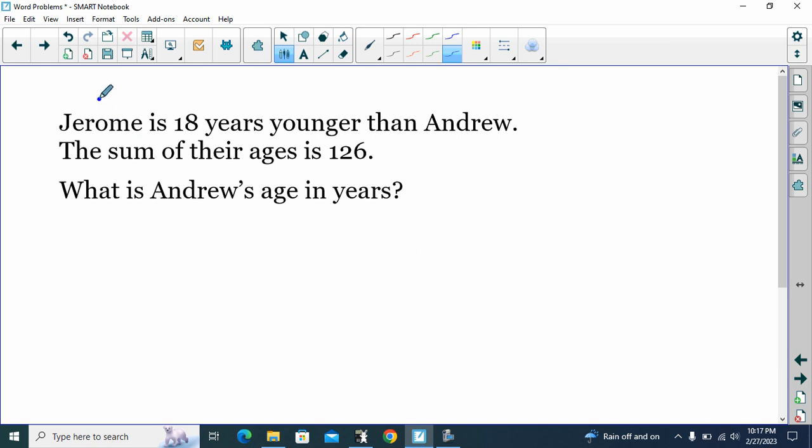So Jerome's age, let's call that J. Andrew's age is A. We know Jerome is 18 years younger than Andrew. So if I take Andrew's age, Jerome is equal to 18 years younger than Andrew. So Andrew's age minus 18 would be equal to Jerome's age.